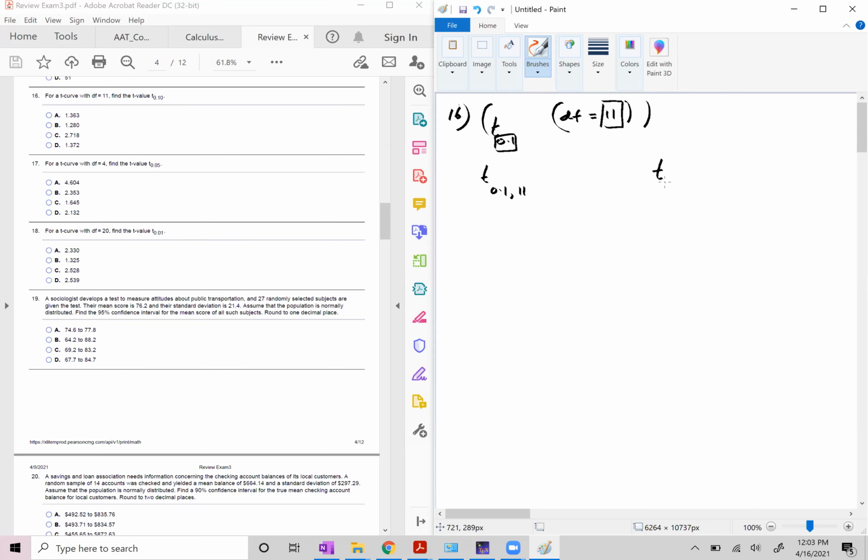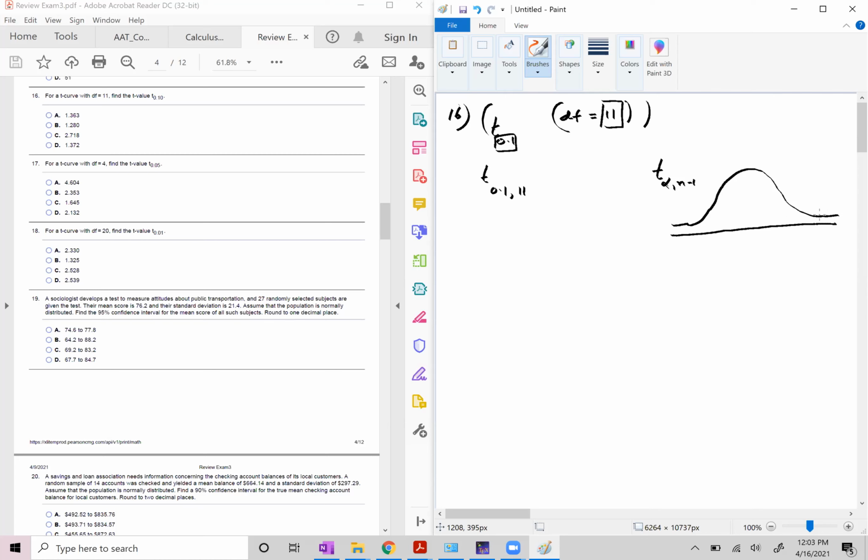Now, what does this mean? If you have t alpha comma n minus 1, the t distribution is also like the normal distribution, but slightly different. We say that it has heavy tails at the end.